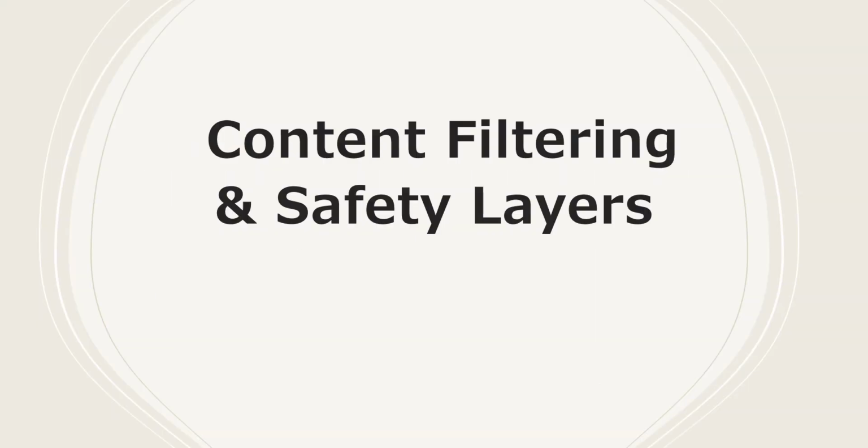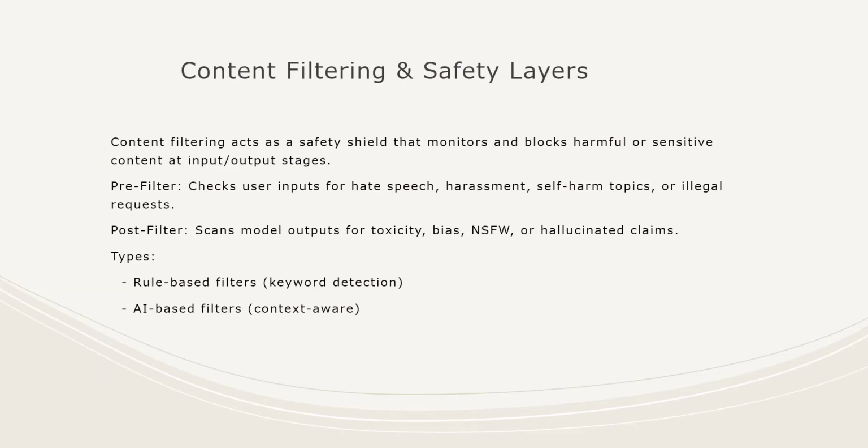What is content filtering and safety layers? Content filtering acts as a safety shield that monitors and blocks harmful or sensitive content at input and output stages. There are types of filters.